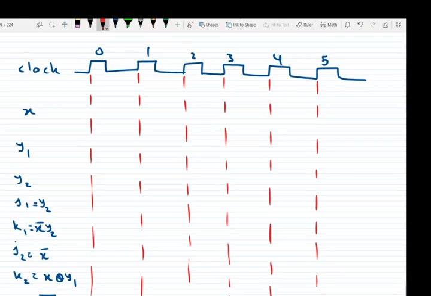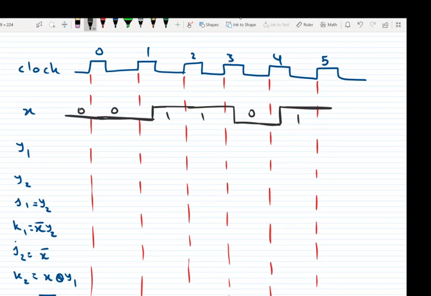Okay, the input is 0, 0, 1, 1, 0, and 1.